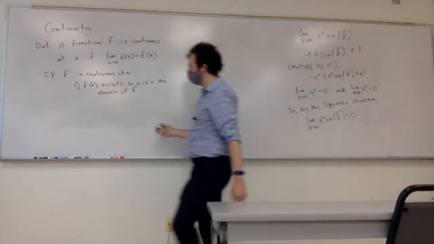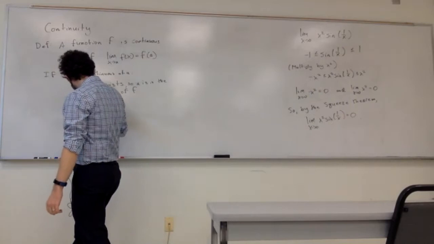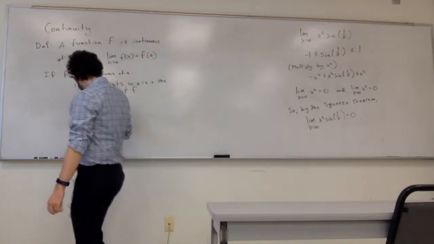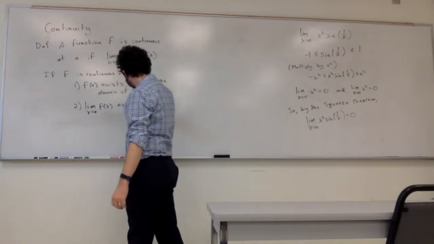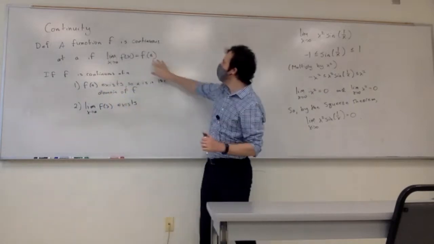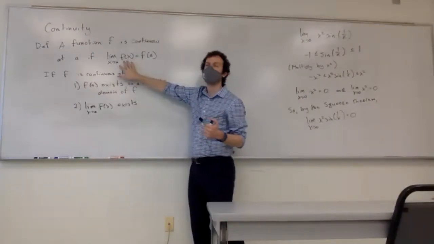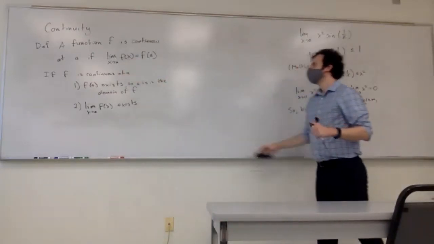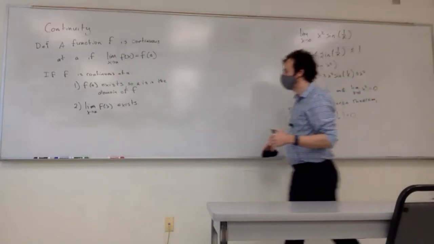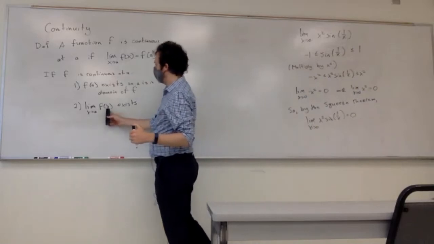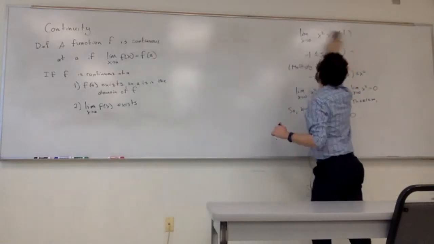Another thing that's involved in here is that the limit as x goes to A of f of x exists. So to be continuous, this side has to mean something and the limit has to exist. So all of this time we've been finding limits. One way that it gets used is that if there's a place where the limit doesn't exist, your function is definitely not continuous there.